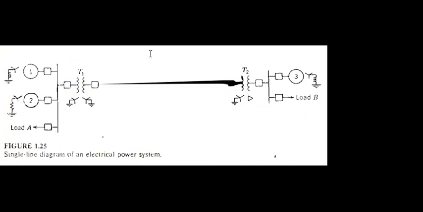So what are the components attached to that diagram? On the left side, we have two generators, right? One load attached to this left side bus. Then you have isolators, the protection block.